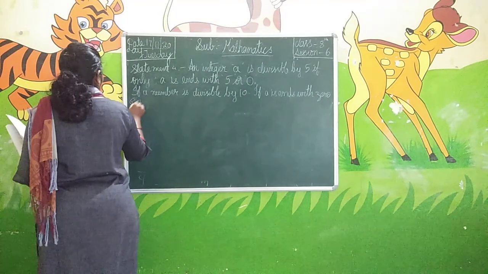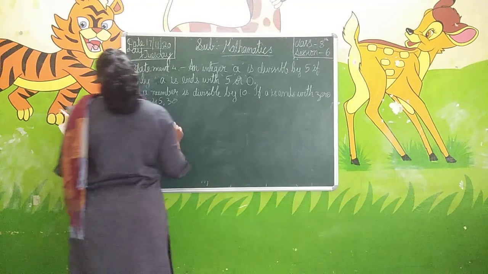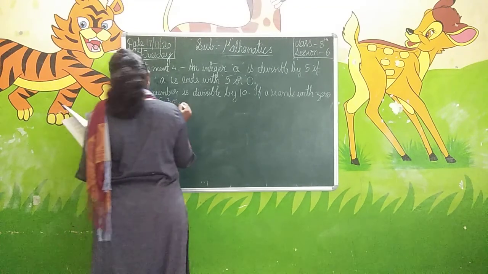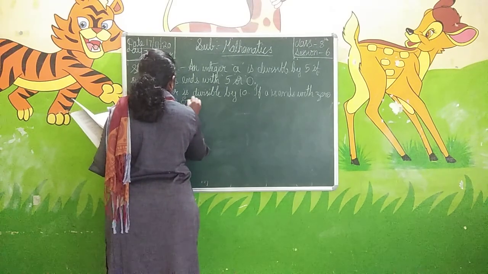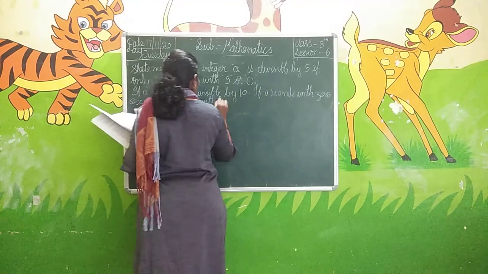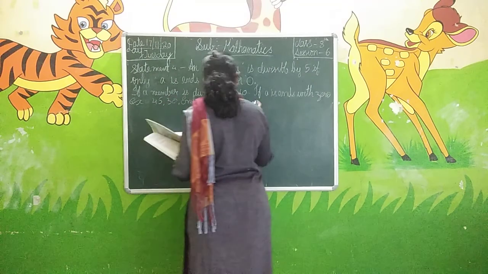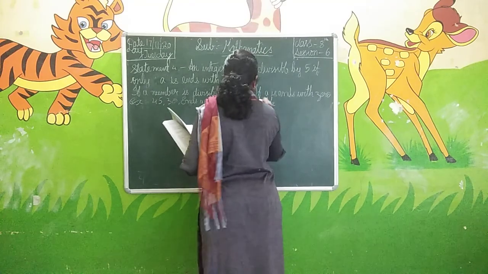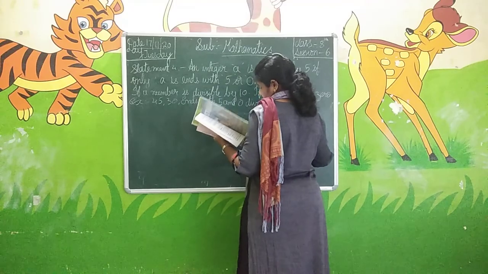Example, 45 and 30 end with 5 and 0, so they are divisible by 5.